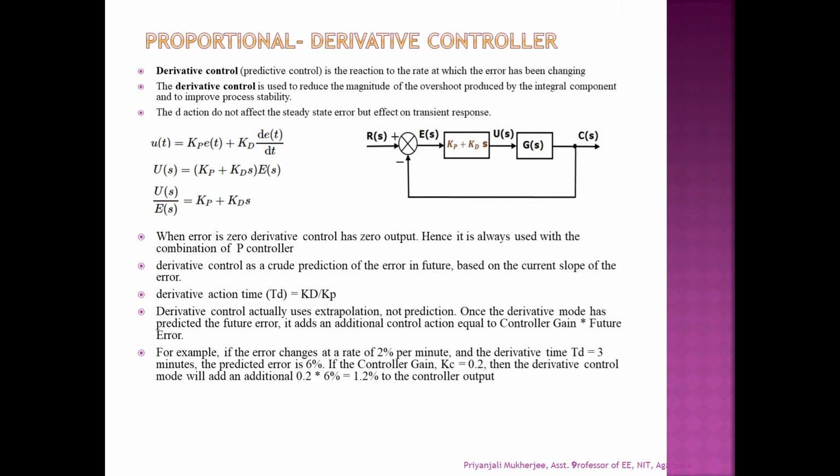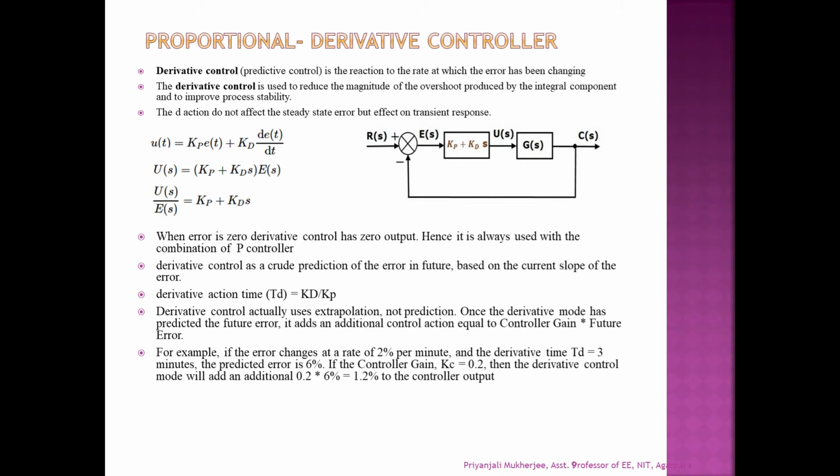But if the error becomes 0 in a derivative control, then the derivative controller has no output, because in a derivative controller the output is proportional to the derivative of the error. So if we differentiate a constant, then it becomes 0.